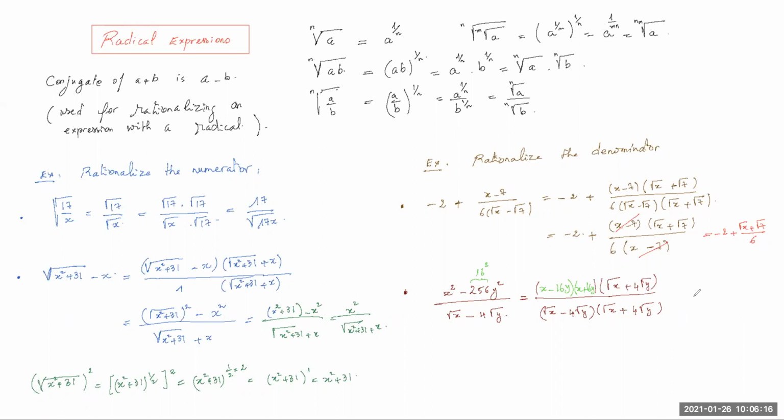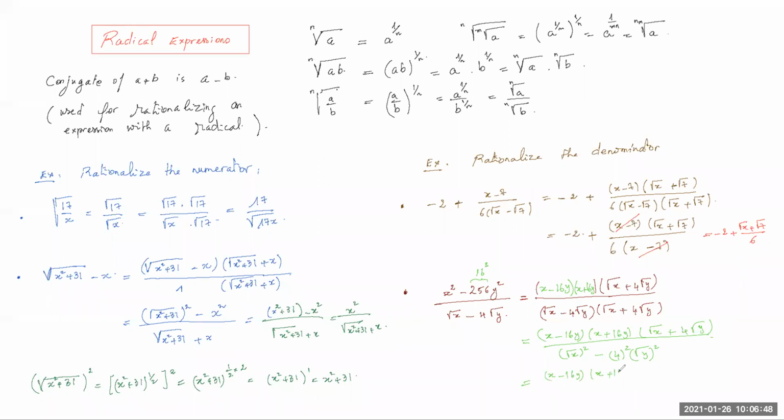Yes, then let's develop and see what we can get here. So I will have x minus 16y times the square root of x plus 4 square root of y, and the denominator here will be the square root of x squared minus 4 square root of y squared. But this is exactly x minus 16y.